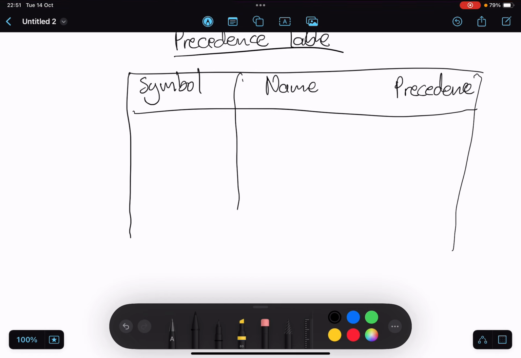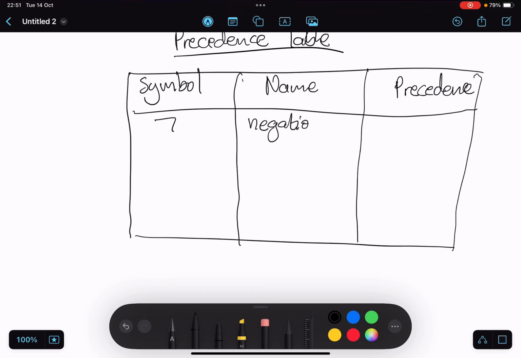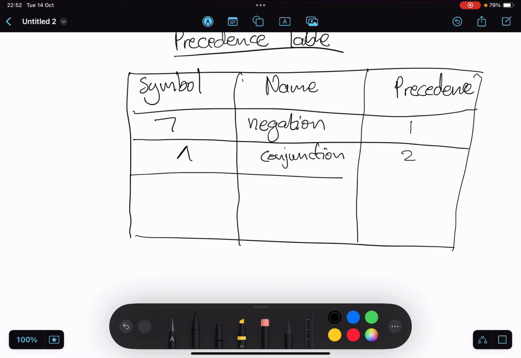We have the negation operator, which is 1. We have the conjunction, which is 2. We have the disjunction, which is 3.